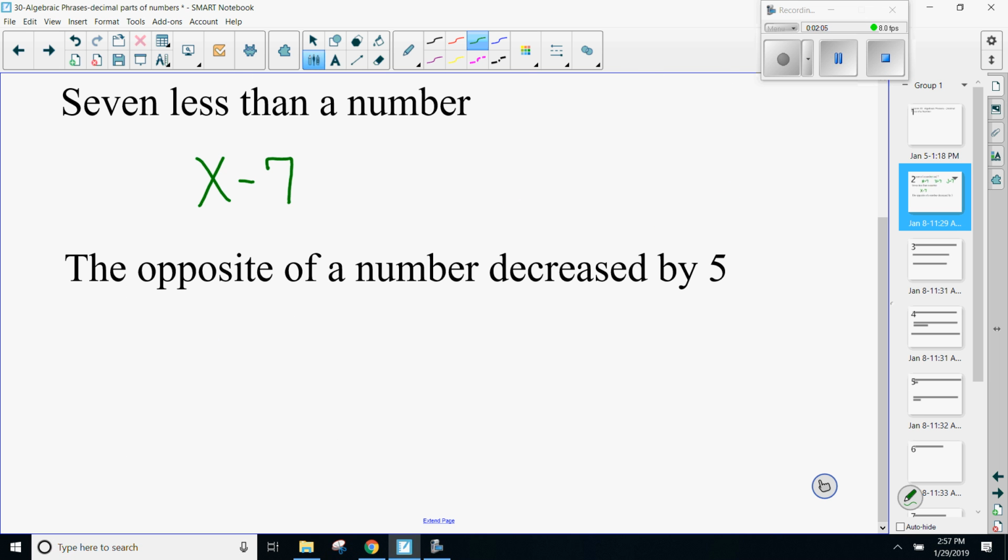The next one, the opposite of a number decreased by 5. Now the handout is for you to write these on so that if you need to go back and look at it, you can.